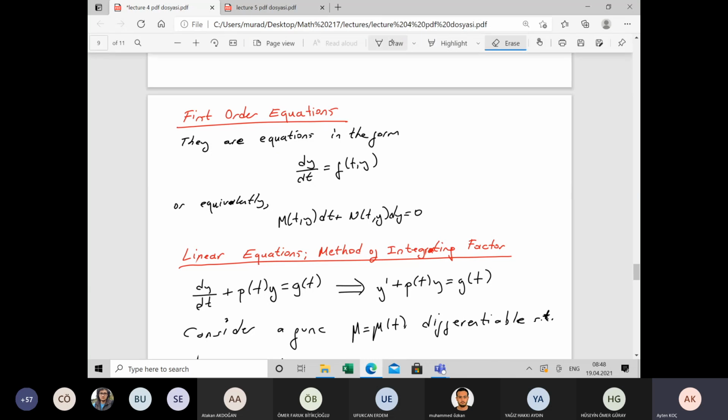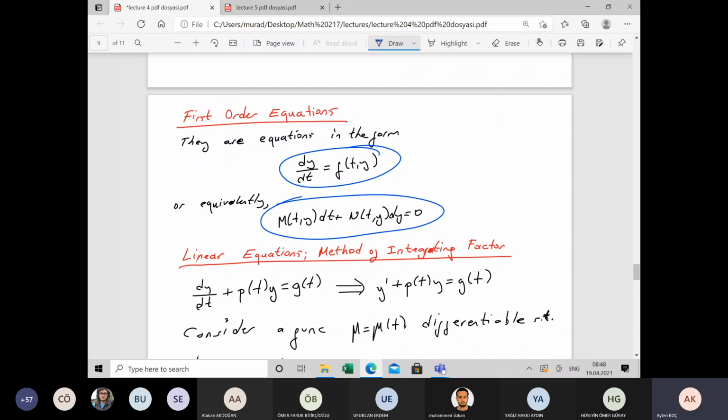Now let's consider the first order equations, and our aim is to solve the first order differential equations. The first method: take our differential equation in this form, and check whether our equation is linear or not. If our equation is linear, what does it mean?